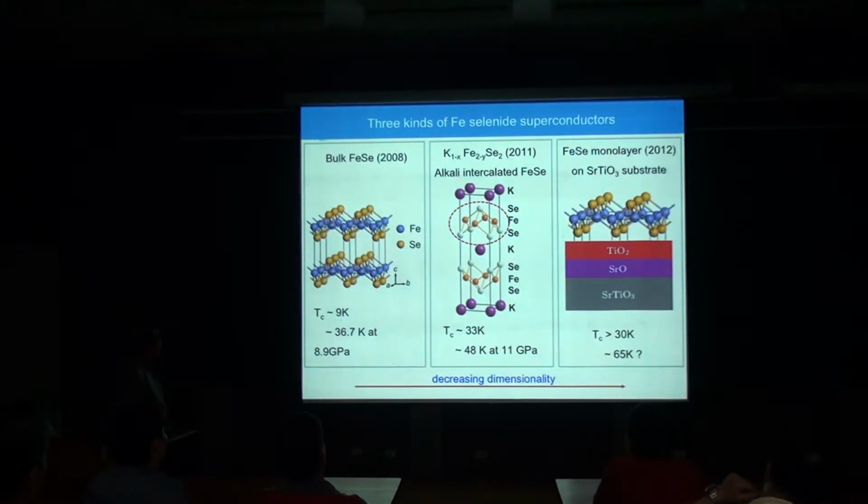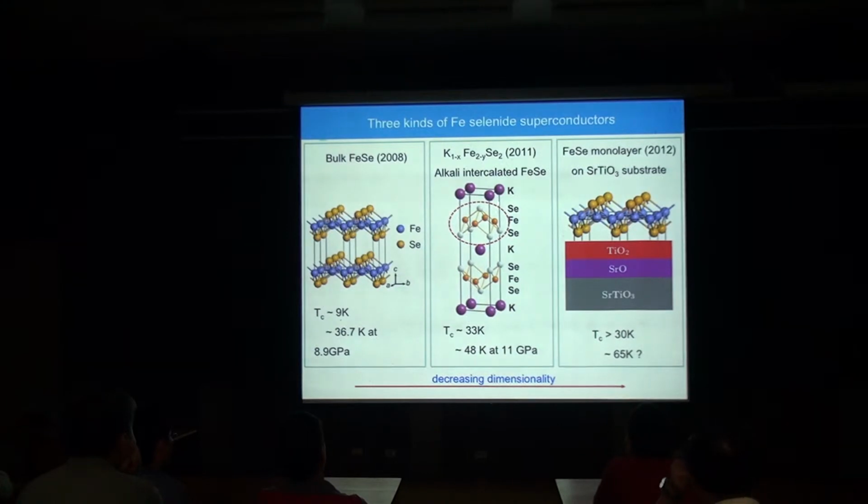And in addition, this is more recent work. This was done in 2008, and about 2010, 11, a China group found that you can insert potassium to make it superconducting, and TC can be as high as 48K under pressure, and normally about 33 Kelvin. So you have a whole series of new phases coming out.